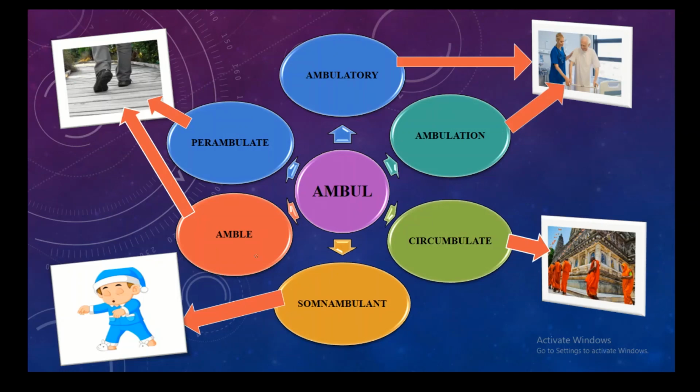Amble meaning slow, easy walk. Next word is perambulate. Perambulate meaning to travel over or through, especially on foot. See the example. A man is walking on his foot. Isn't it?